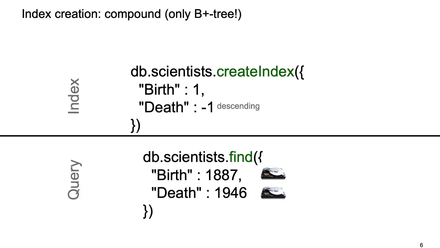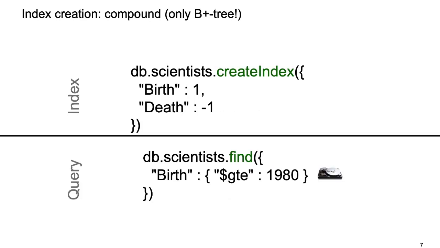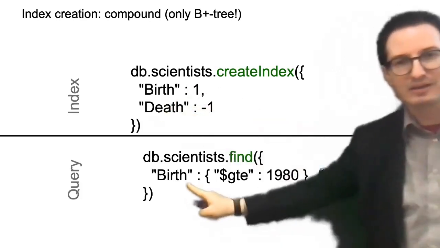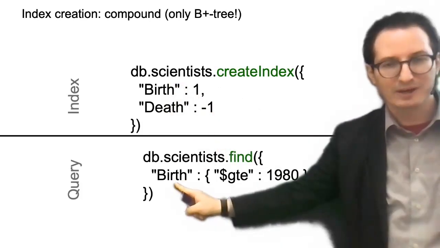Okay, all right, now I would like to continue where I left off last time, where I have a compound index with B+ trees. Here I have the birth and death, so I have two keys here, and here I'm using the first one of the two, right?